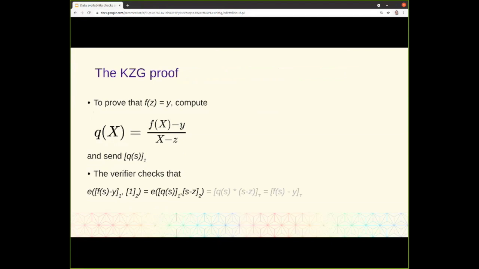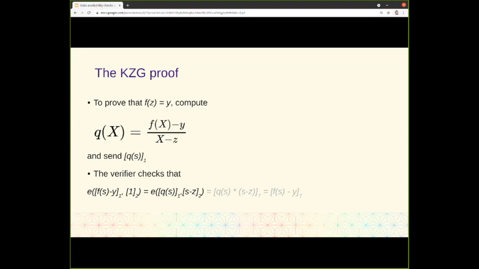And that is what we use in order to create KZG proofs. So if you want to prove that f of z equals y, you compute this quotient, and if it is true, then that quotient would be a polynomial. And you compute the commitment to this quotient, q of s, and then that itself is the proof.